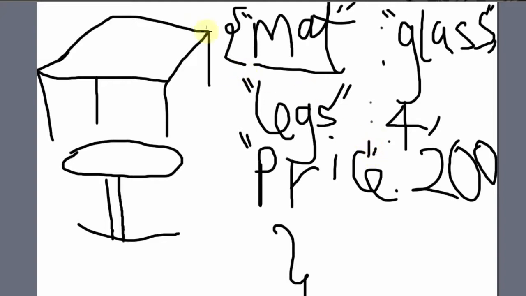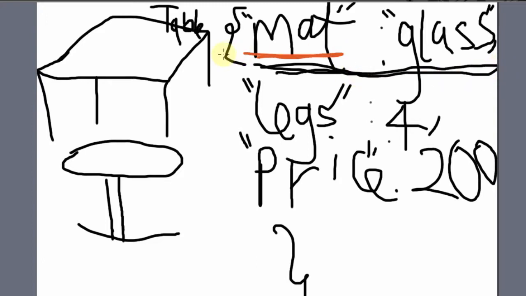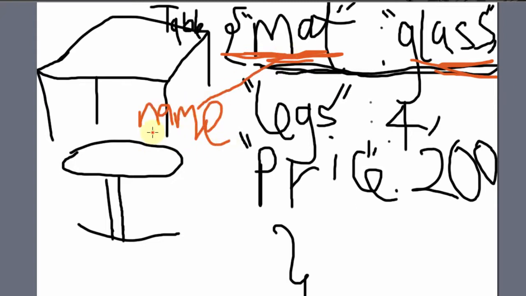Now, if this was your object, our object in this case is a table. So this full thing is the property, and this is the name of the property, and that's the value of the property. So this is a name, or it's also called a key. So in most cases you'll hear key value pairs.